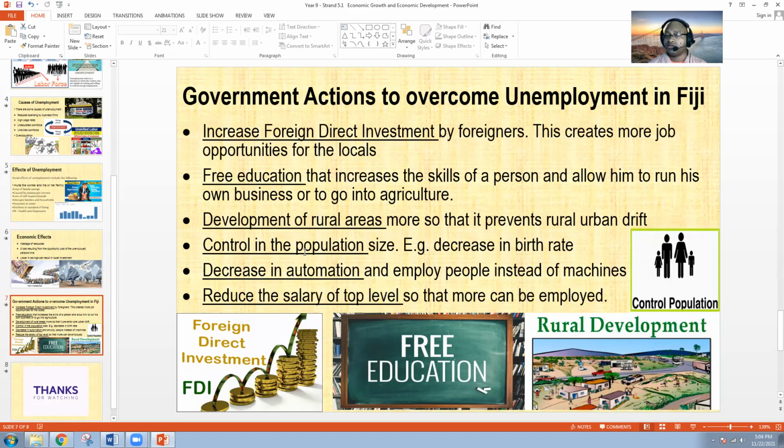Control population size so that the population and the jobs available are balanced. Decrease automation, where machines take over jobs, and reduce salaries at the top level so that we can have more people employed rather than just paying one person a lot of money.